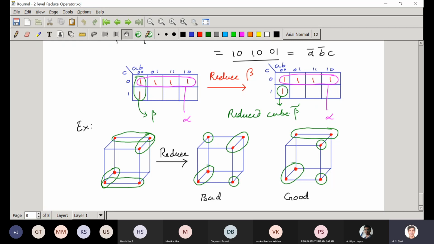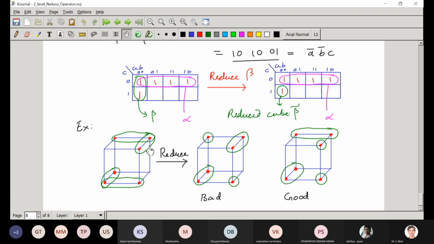Now the resultant solution after this reduce operation is better because now if I expand this cube vertically, okay, you cover these two together so that you get an expanded or prime cover with only 3 cubes. If I expand this in the next step, you will be left with just 3 cubes in the cover.